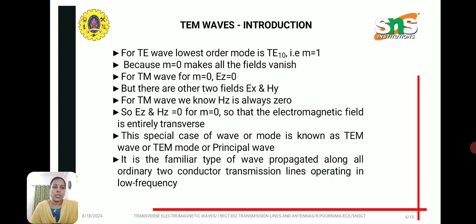This component is known as the TEM mode, so it is entirely transverse. This special case of wave or mode is known as the TEM wave or TEM mode or principal wave. It is the familiar type of wave propagated along the ordinary two-conductor transmission line operating at low frequency. It is a special case of TM wave.